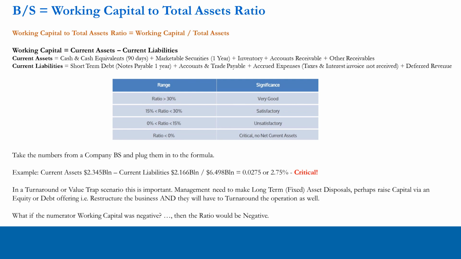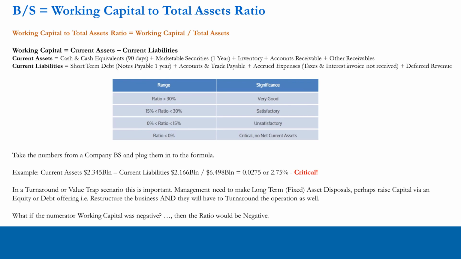Between 0 and 15, this would constitute an unsatisfactory position, and a ratio that's negative, so below 0, it would be critical. But if it's very, very low and close to 0, it is essentially critical. It's hovering just above 0, and it's essentially in a very bad position.